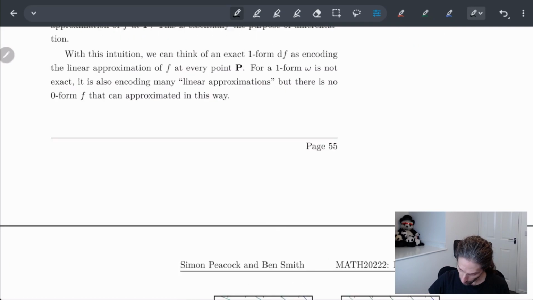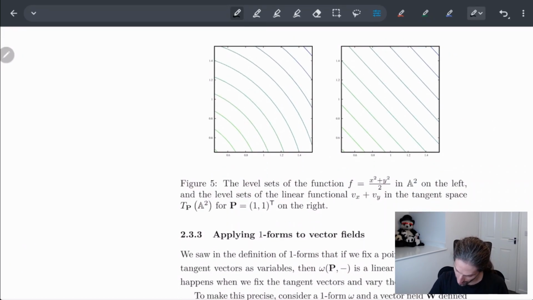So yeah, we will leave it. Oh, here we actually have the picture. Here you can see the linear approximations at the points on this line, and you can see that these are just the tangent lines. So these lines here are precisely the tangent lines at these curves, and the linear functionals are precisely this.